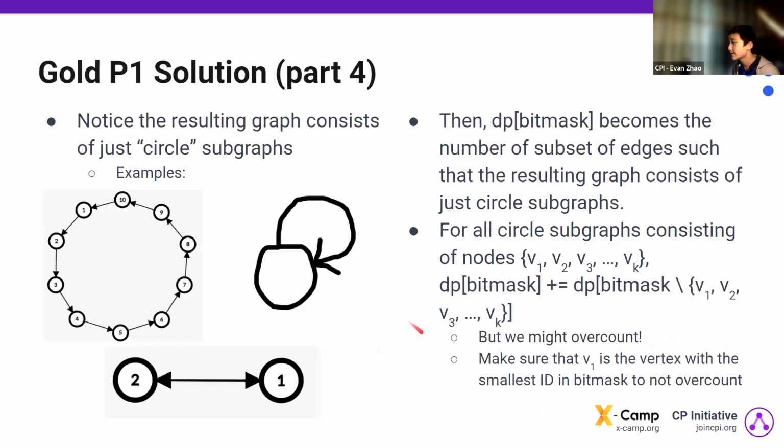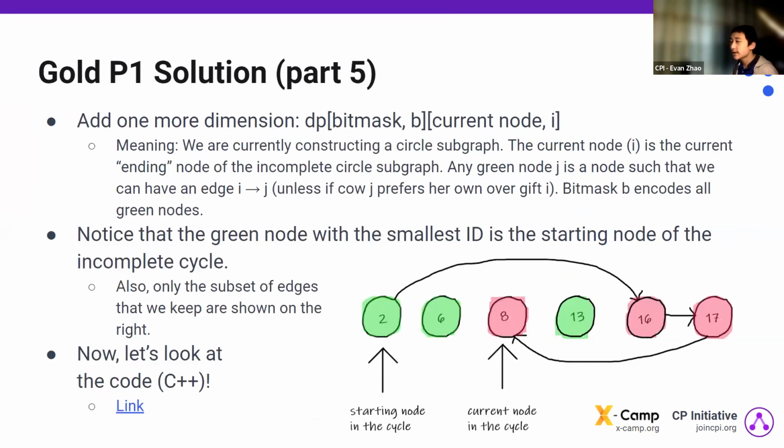Why? Because we made V1 in our circle subgraph the vertex with the smallest ID in the bitmask. That's why the green node with the smallest ID is the starting node of the incomplete cycle. That's convenient because we don't have to add another dimension into our DP table.